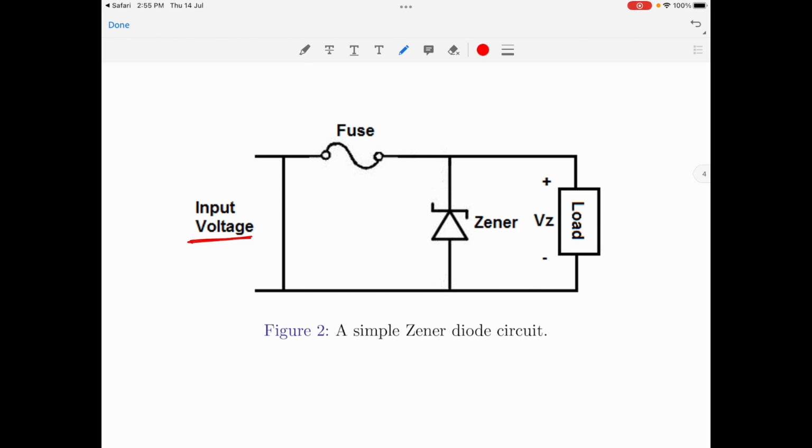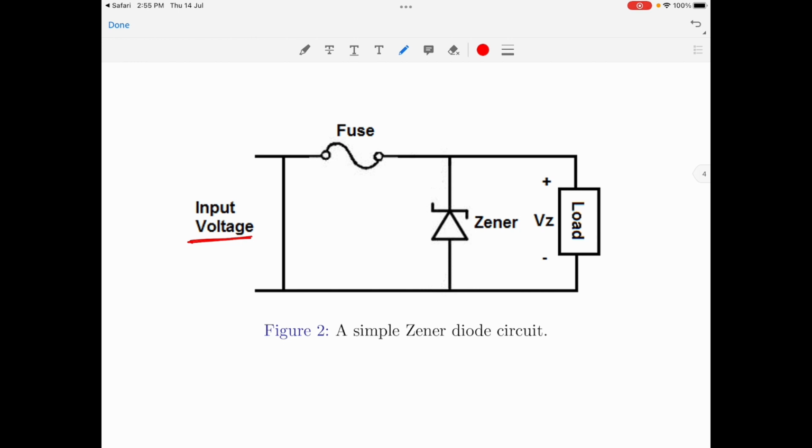Also, it must be noted that they are designed to handle larger currents and powers than any average signal diode. In the practical world, Zener voltages are standardized in much the same manner as resistors, so values such as 3.9 volt or 5.1 volt or even 6.8 volt can be expected.